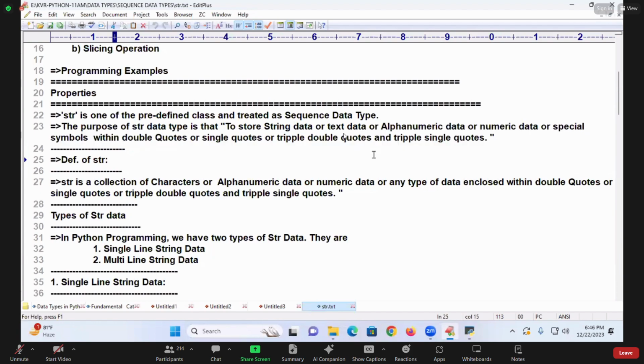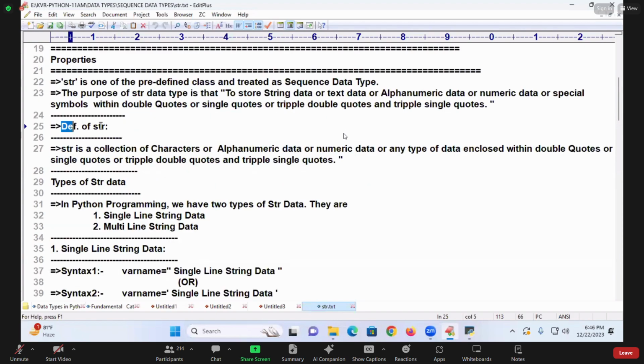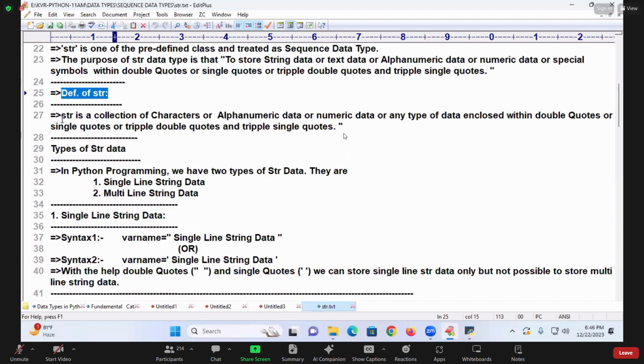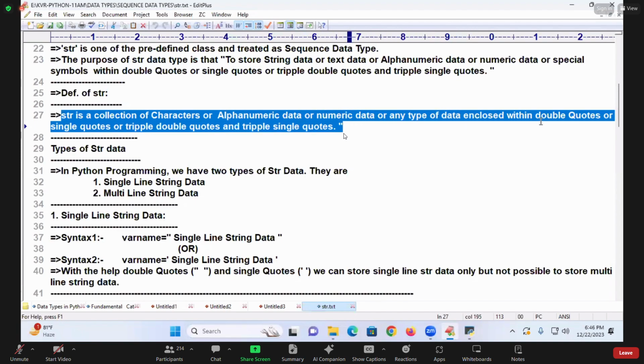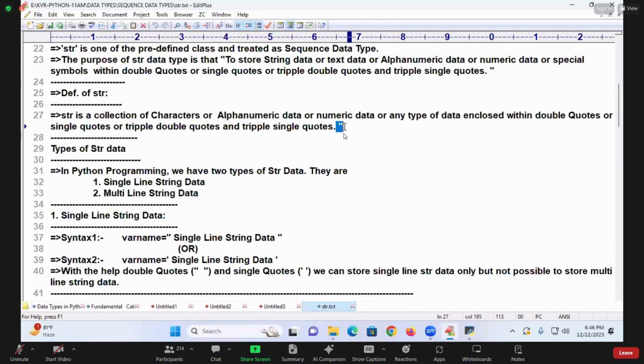A single line you can store, and multi-line you can store with that notation. Is it clear? Well, the definition of str: str is a collection of characters, alphanumeric data, numeric data, or any type of data enclosed within double quotes or single quotes or triple double quotes or triple single quotes is called the definition of string. Clear? Good.